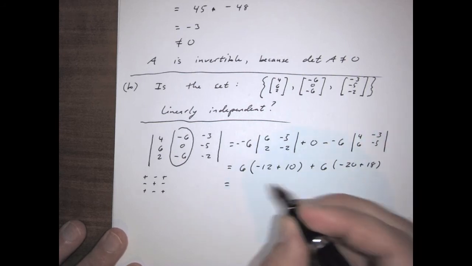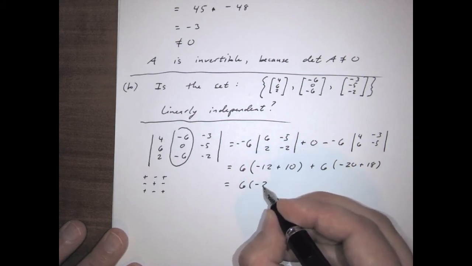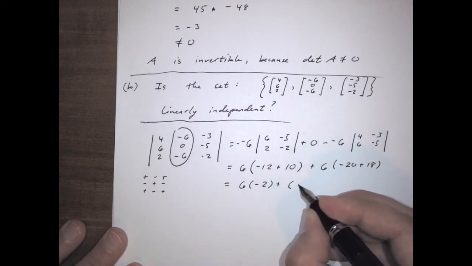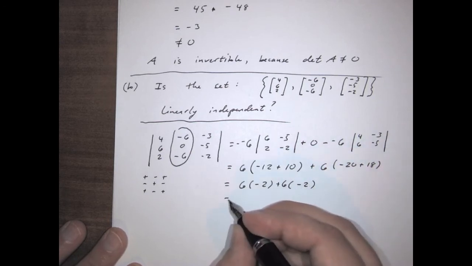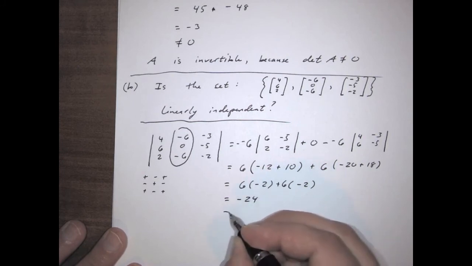And so we're going to have 6 times -2 plus 6 times -2. And so that's going to be -12 plus -12 is -24, which is not equal to 0.